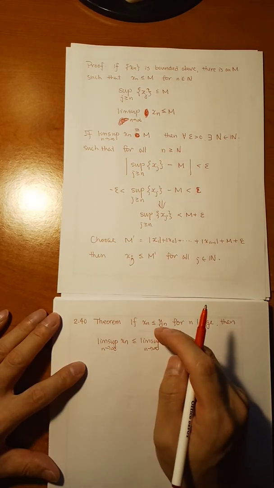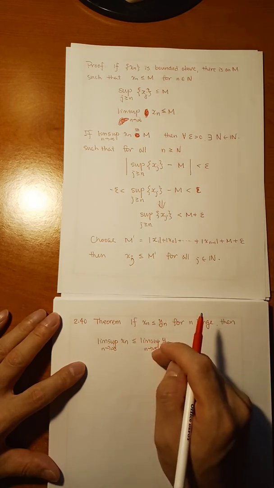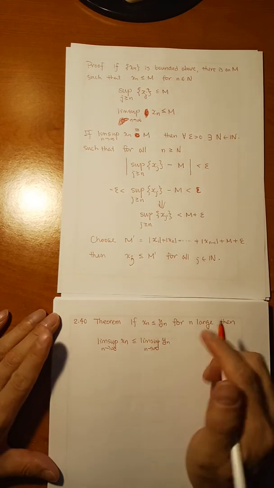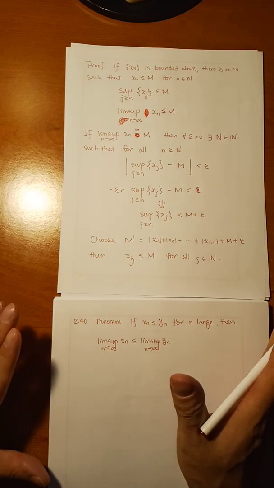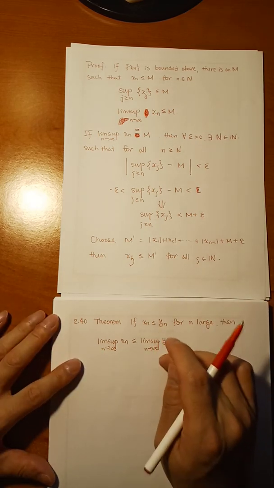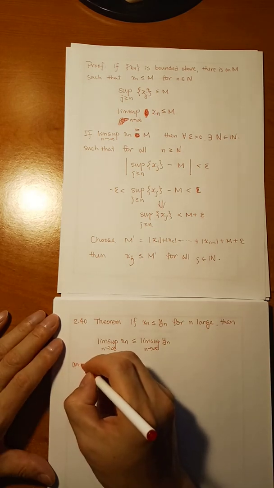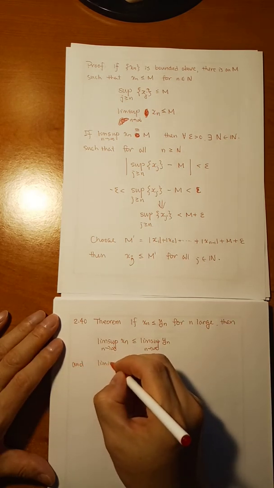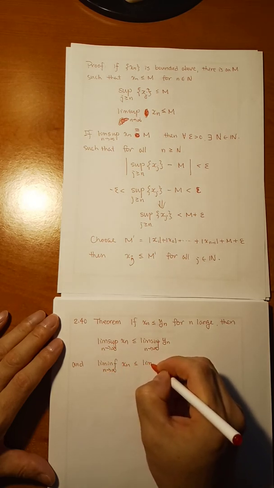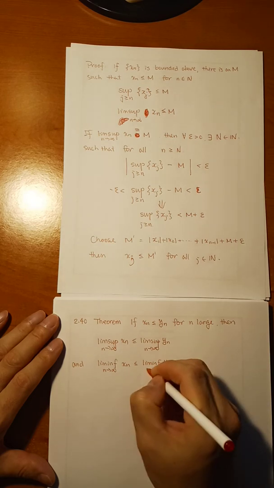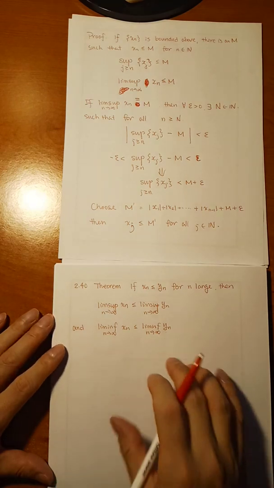Remember, if we have convergent sequences, then the limit of xn is less than or equal to the limit of yn, just one statement. But here, because we only assume xn and yn, we don't know if they are convergent or not. So we can only put the lim sup for xn and lim sup for yn here. And we have lim inf xn and lim inf yn. Okay, so you can put it here.